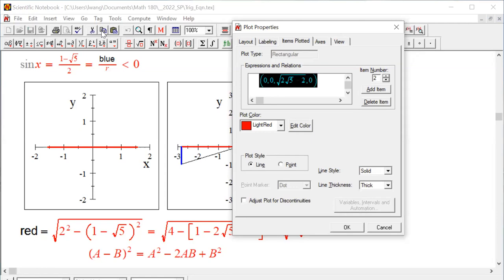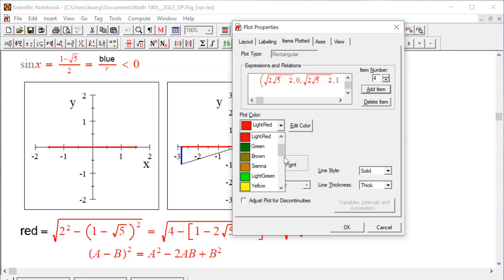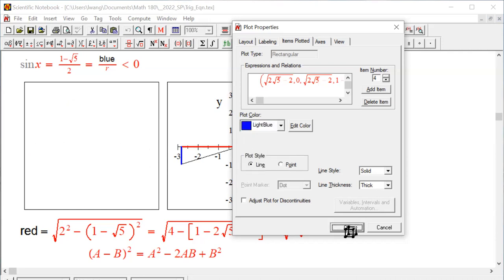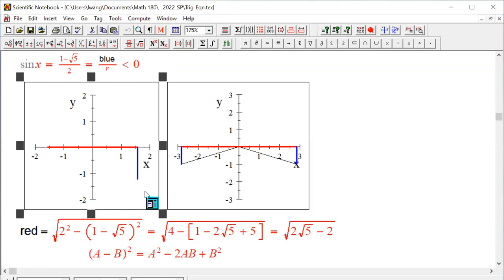We got the red. Right, next we're gonna draw the blue. So I'm gonna put it over here, and this is gonna be 1 minus root 5. That's gonna be blue. There, 1 blue is drawn, right?